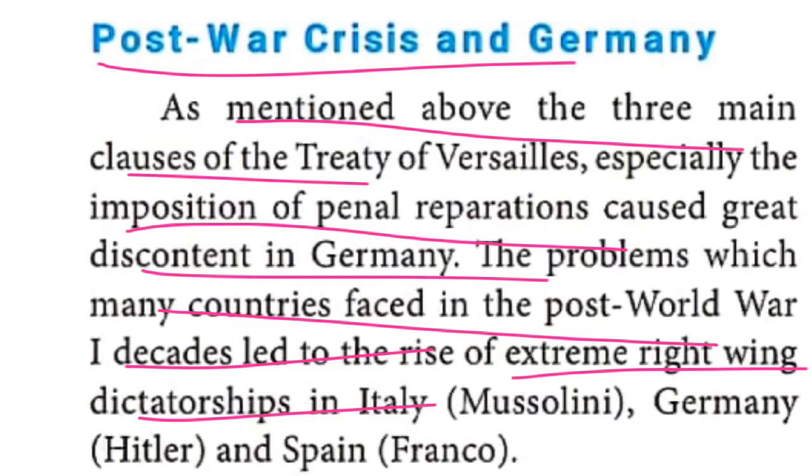In Germany, Adolf Hitler emerged. In Spain, Franco emerged. Those people were dictators, not a monarchical form of government, not a parliamentary form of government. What they said, the people had to accept. So that's the thing. So post-war crisis and Germany, the first para alone is over, children.